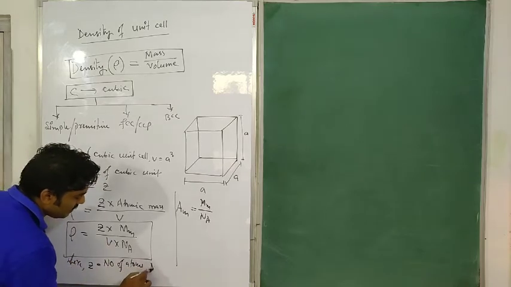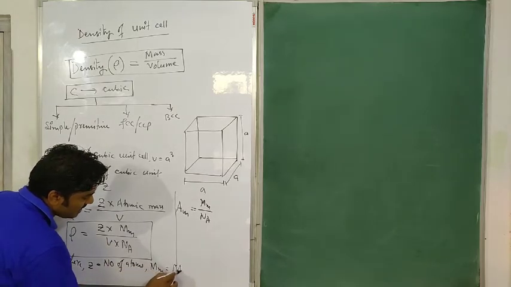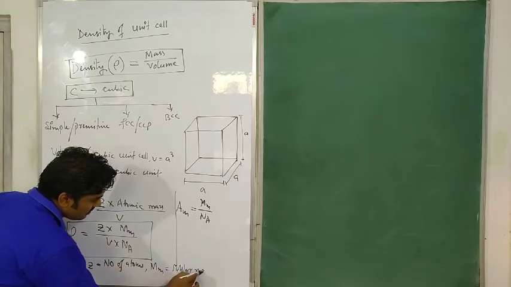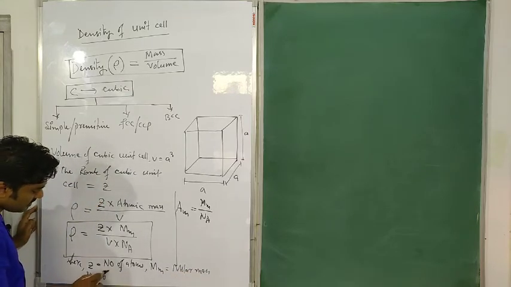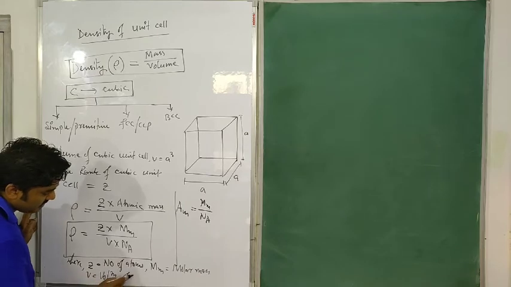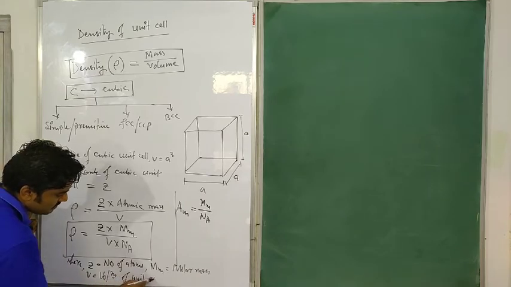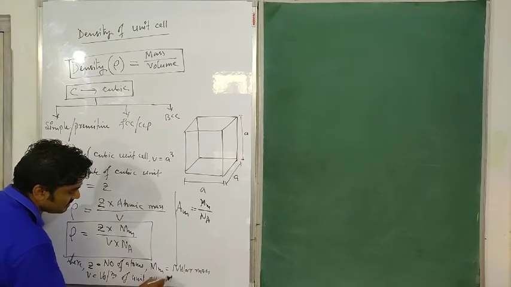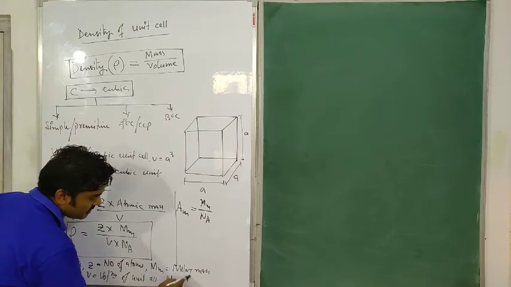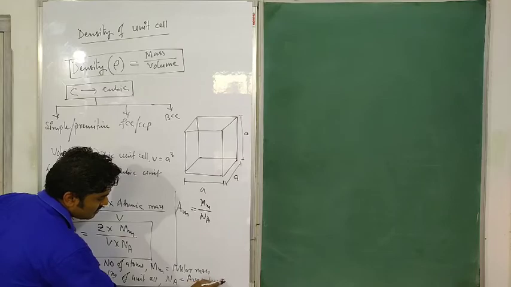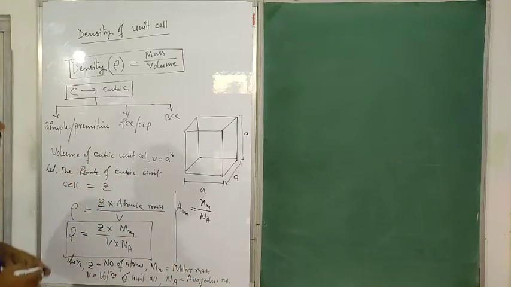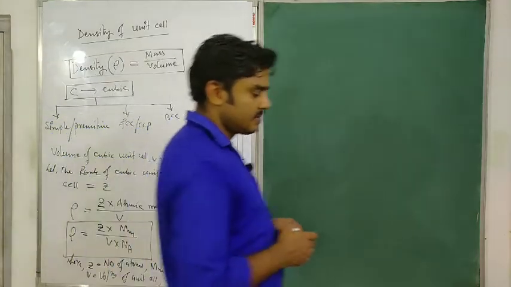Here M means molar mass. Here V means the volume of the unit cell, and here Na is equal to Avogadro's number. Okay. So this is all about the density of the unit cell.